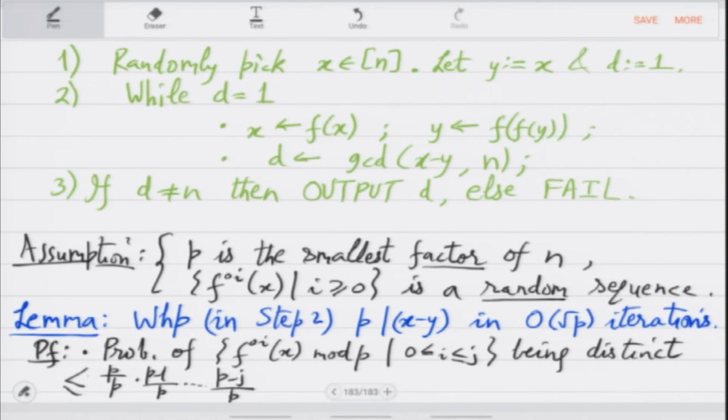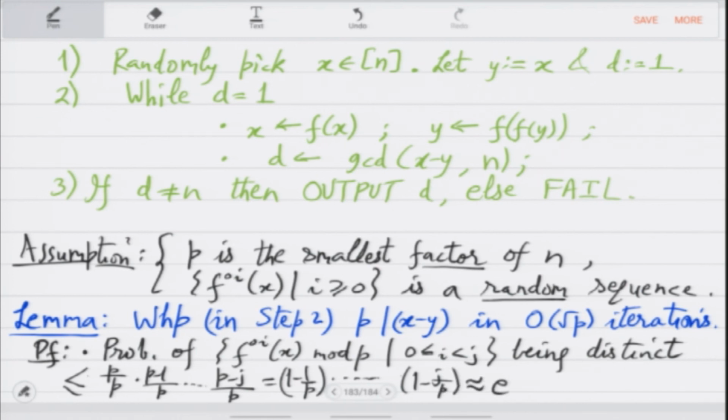So at i equal to j, you have this p minus j excluded. So it's p minus j by p. So you see this as 1 minus 1 over p dot dot 1 minus j over p.